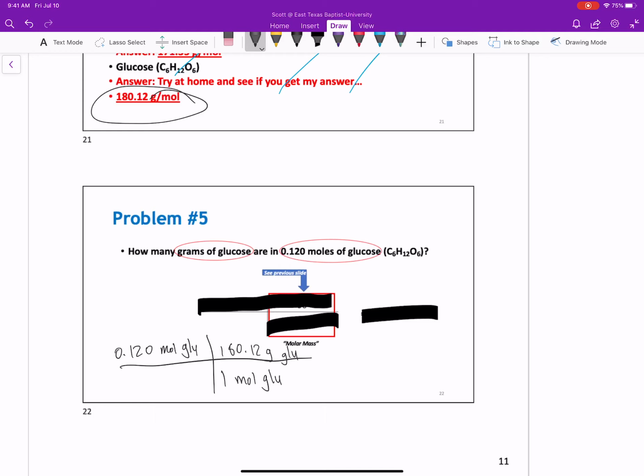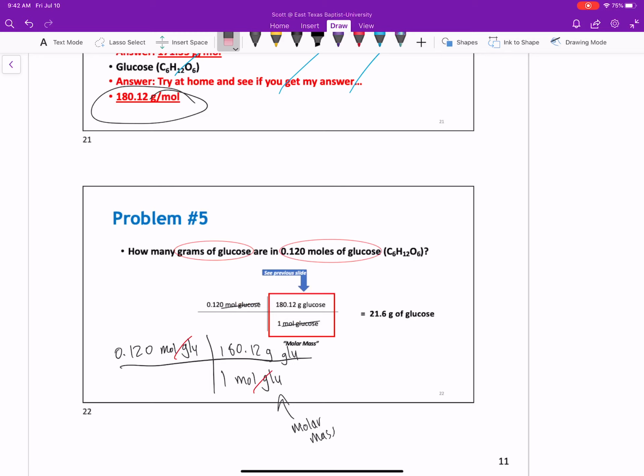That's a constant. Glucose will always weigh that much, so I can cancel those units and arrive at an answer as you see right here. That's exactly what I did, so you should get 21.6.